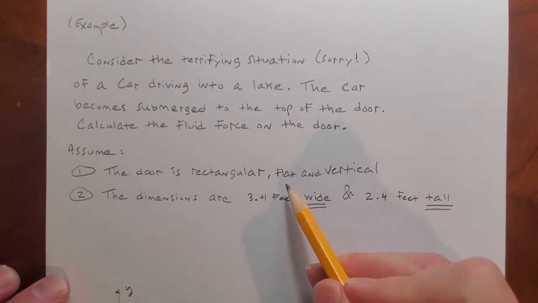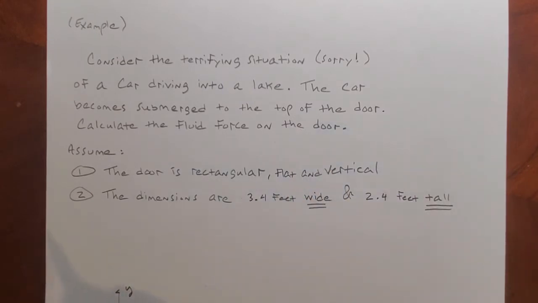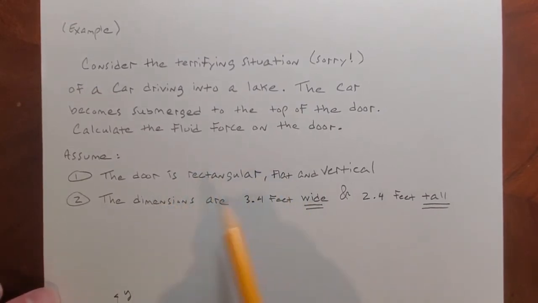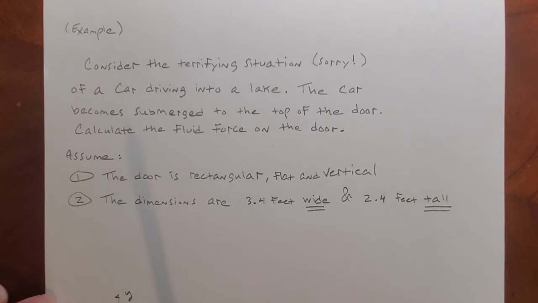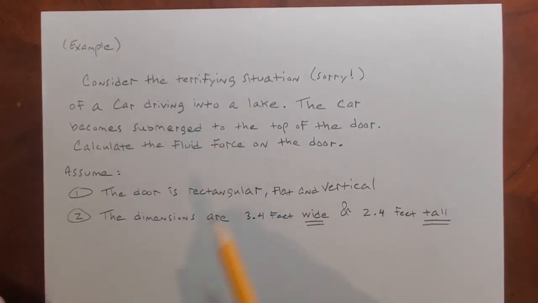If it's not flat and vertical inside the body of water, then the method does become a little more complicated and different than what I'm showing you in this video. Okay, so the door is rectangular, flat and vertical. Dimensions are 3.4 feet wide and 2.4 feet tall. So what's the total fluid force on that door?